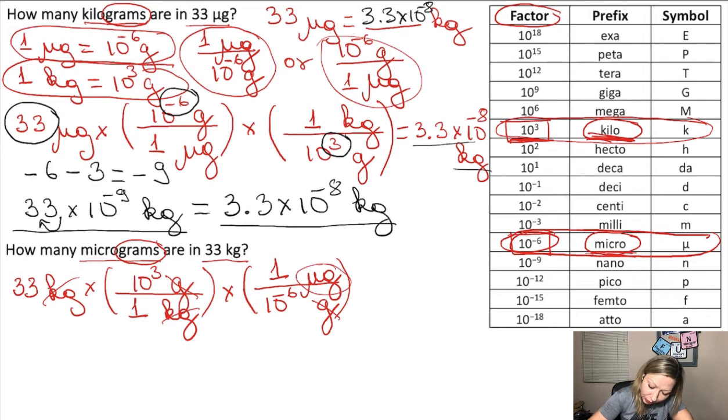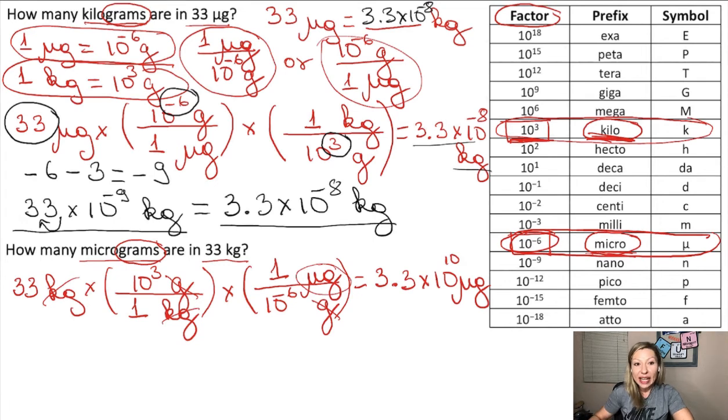I am at micrograms. If you actually plug this into your calculator, you are going to get 3.3 times 10 to the 10th micrograms. All right. Now, how can I solve this in an easier manner?